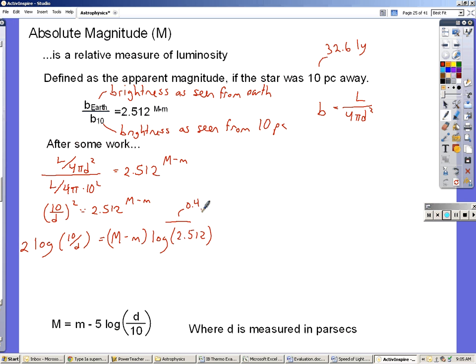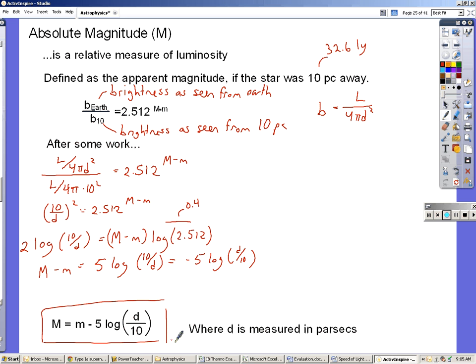And so we can say that m minus M equals 5 log 10 over d, or negative 5 times the log of d over 10. You add the apparent magnitude to both sides, and you get that formula, which is given to you in your equation sheet.